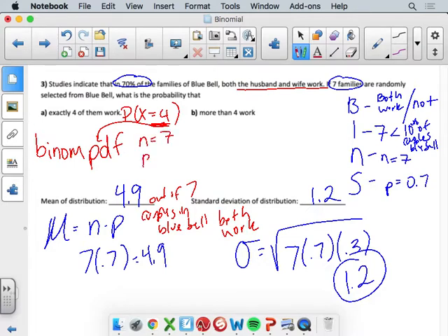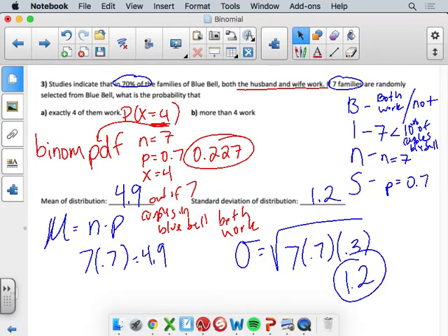N equals 7, p equals 70%, x equals 4. So let's see. 0.227. Did y'all get that one? So 22.7% chance of that happening.